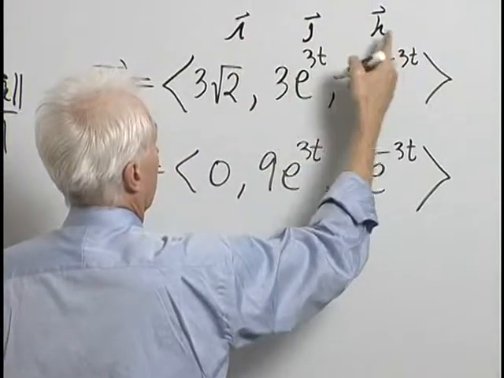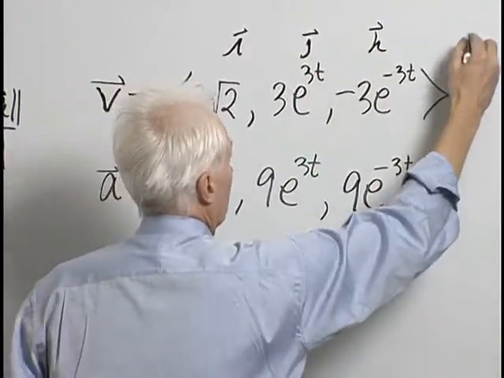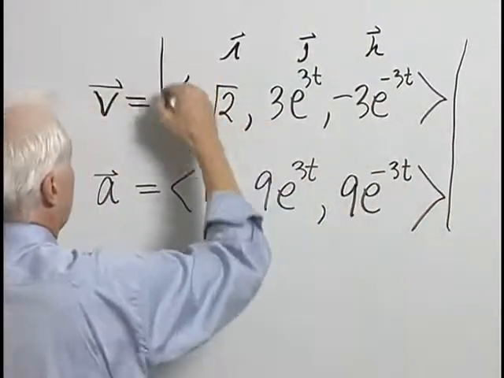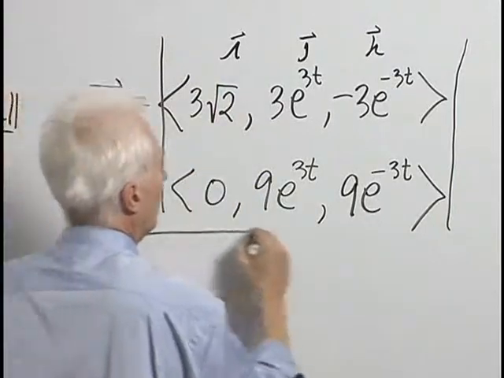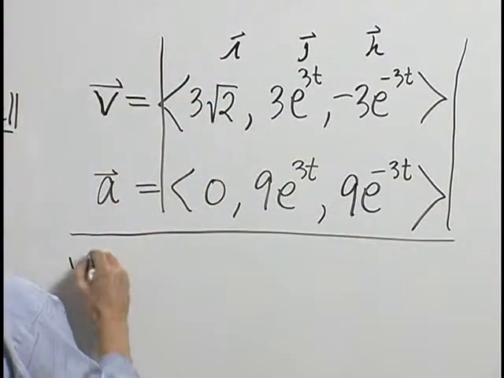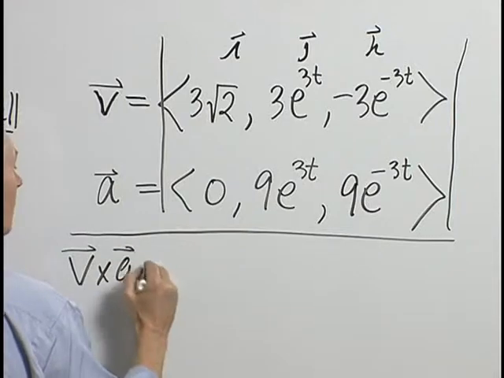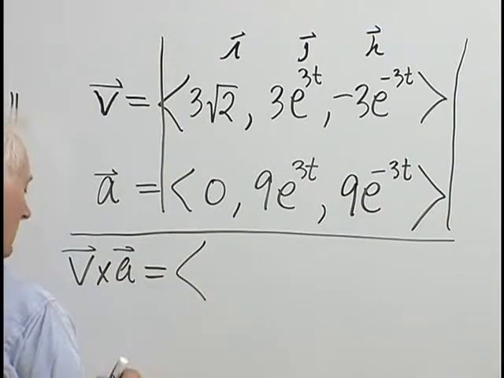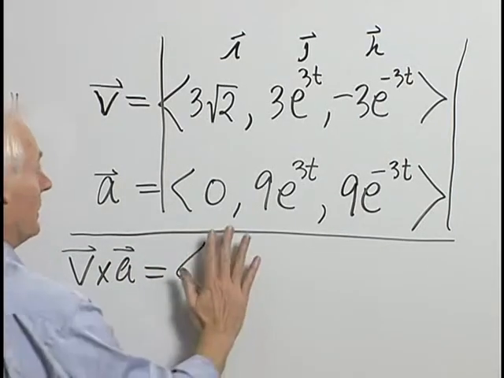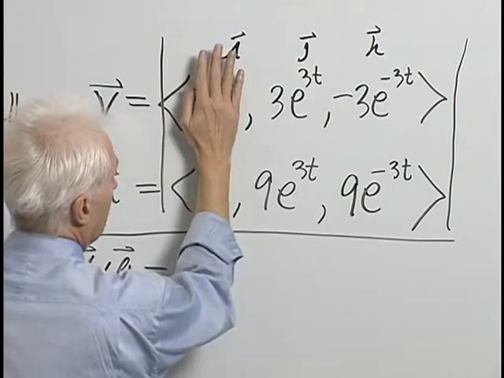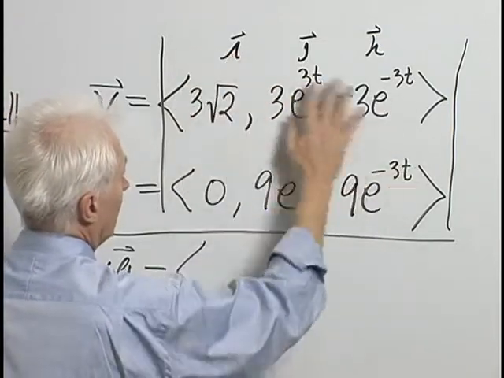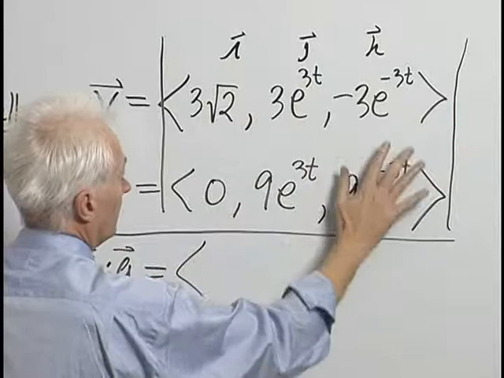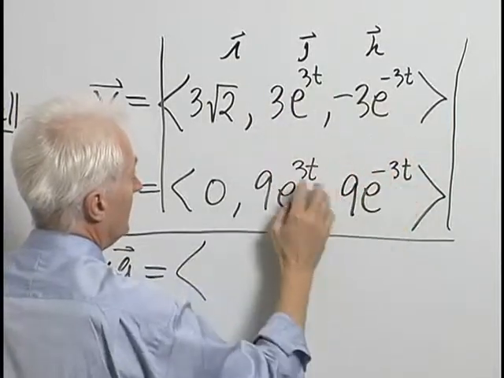In fact, just to help us remember, I'll put vertical lines here, and underneath we'll put v cross a equals. Now remember, to get the first component, I'm going to cover up this column and take, for the i component, this little 2 by 2 determinant here.